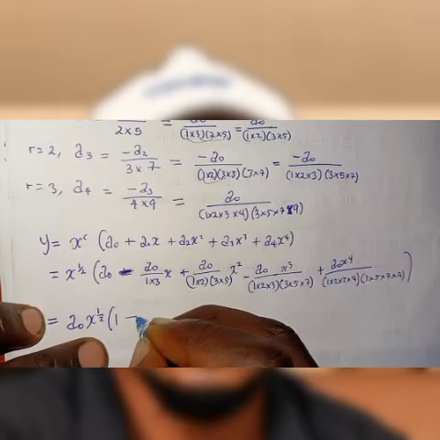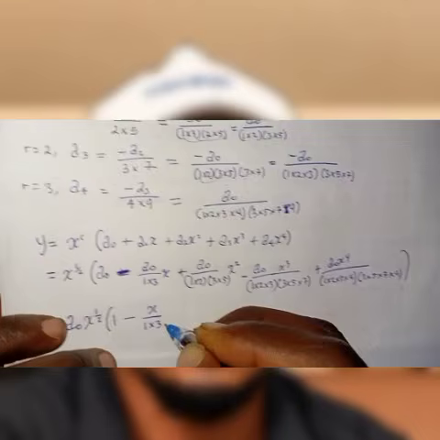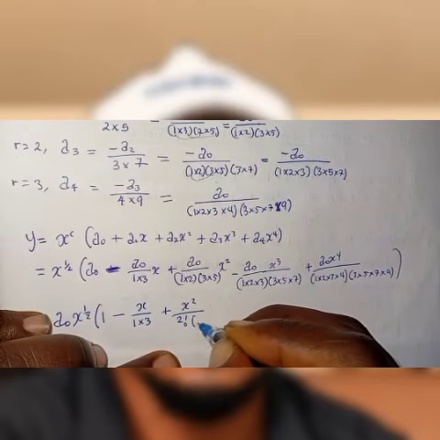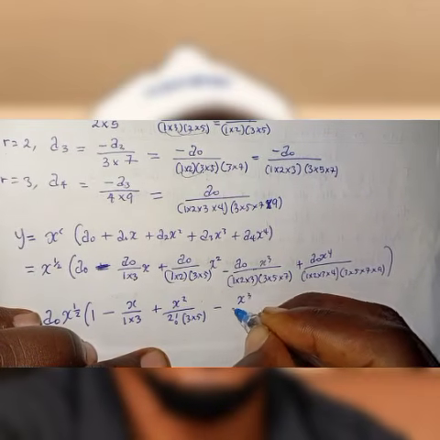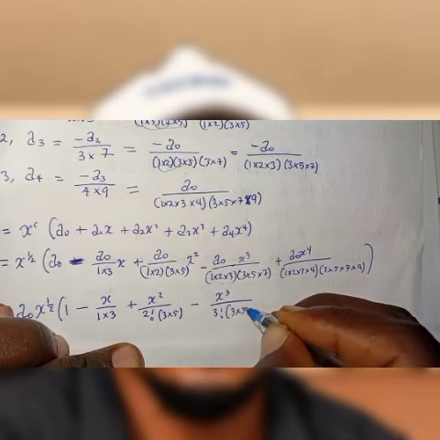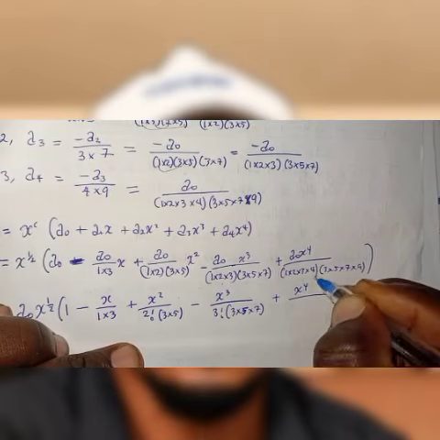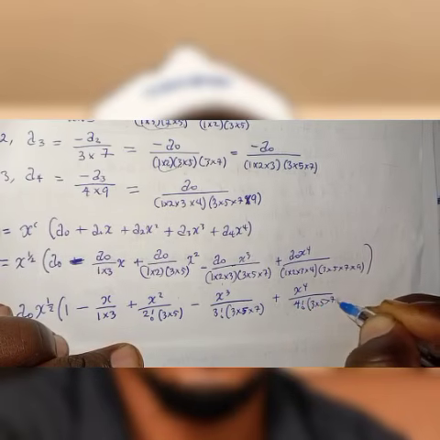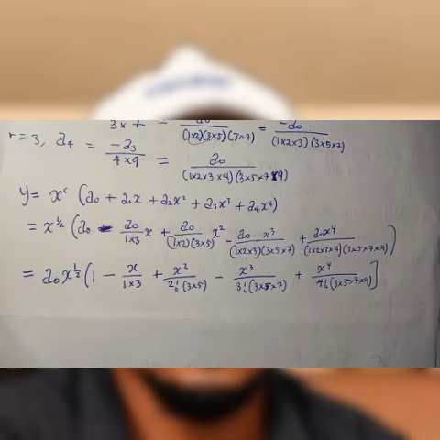It will mean 1 here minus x over 1 multiplied by 3 plus x squared over 2 factorial multiplied by 3 times 5 minus x cubed over 3 factorial, 3 times 5 times 7 plus x to the power 4 over 4 factorial, 3 times 5 times 7 times 9. So this is the answer for the second one.